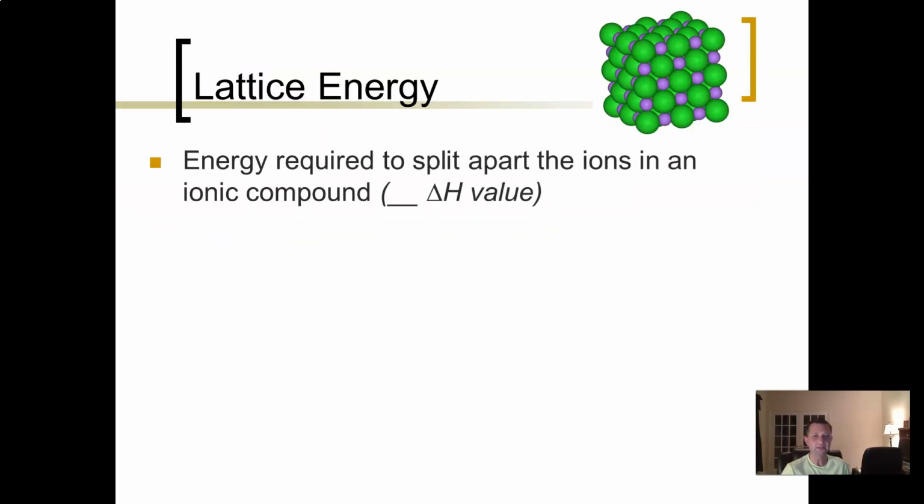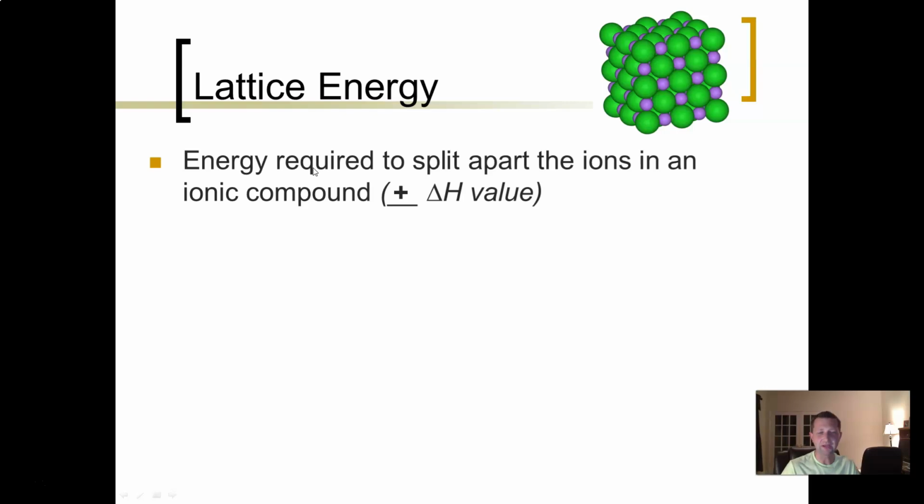You already know this, but lattice energy is the energy required to split apart the ions in an ionic compound. When we did the Born-Haber cycle, we were bringing them together. But if you want to take them apart, that's also the lattice energy, and that's the energy that's required.